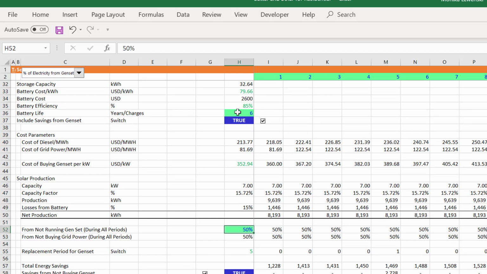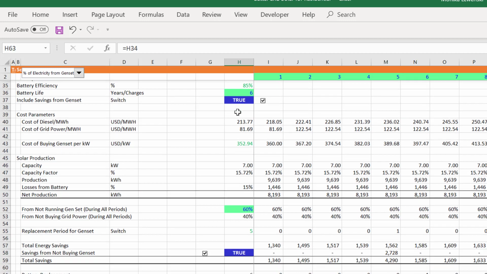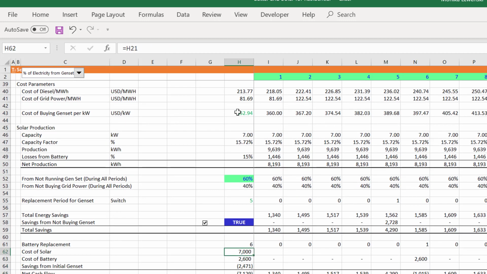In this case, let's say we have 60% of the time, we're going to save our battery only, and we're going to buy grid power, and we're going to save our battery and use it 60% of the time for when we're running the genset.